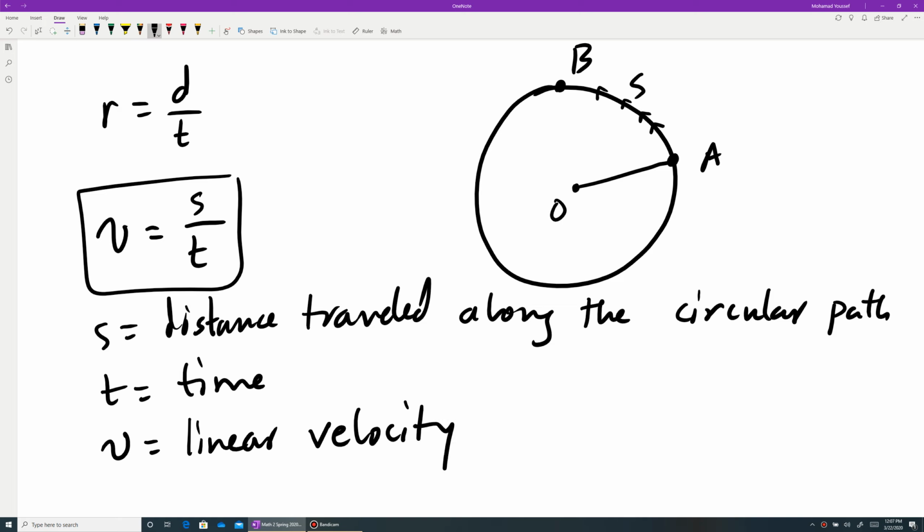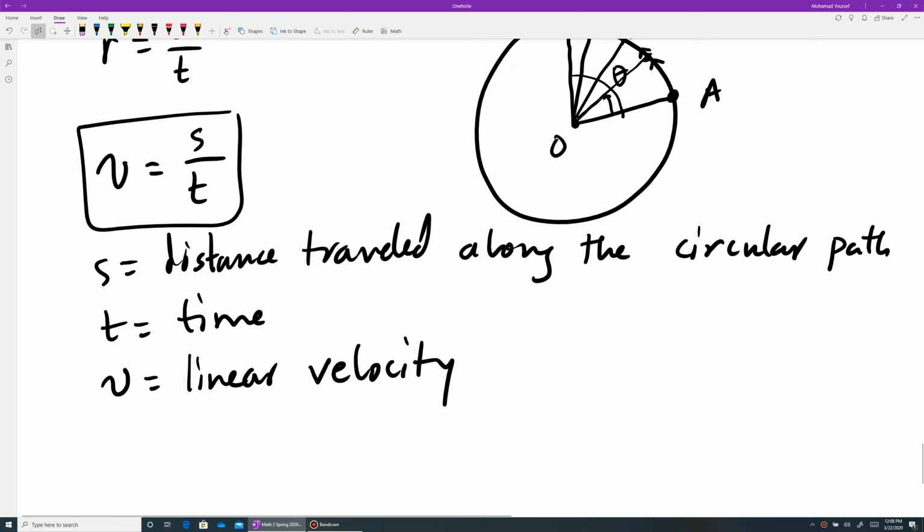So now note something. While the object is moving, let's say the object is somewhere here, the angle that this object formed is this, and this angle is changing all the way to get to B. So let's call this angle here theta, the whole thing. This angle is changing.